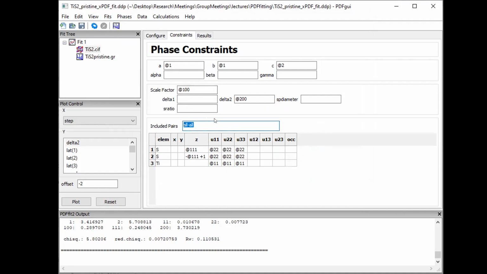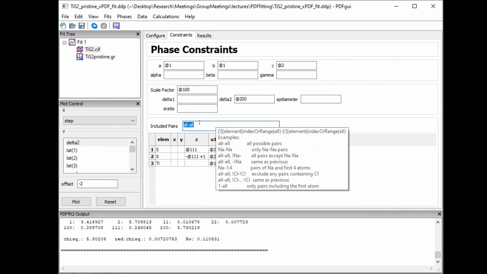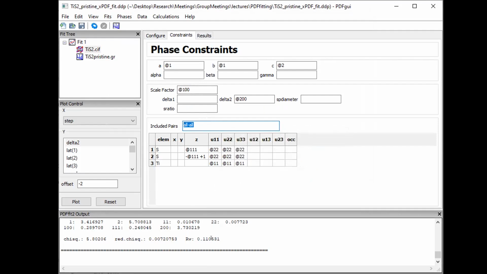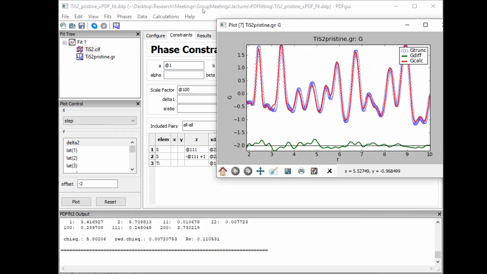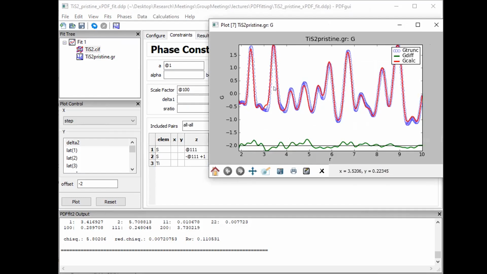So this is taking account of all the atomic pairs in the structure. But how about some specific atomic pairs? So let's say this is a titanium sulfide, right? I want to see where this peak is from. So I see this peak, then I just wonder, what's its origin?